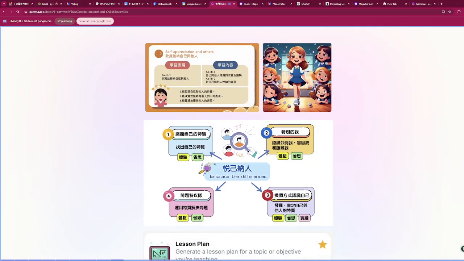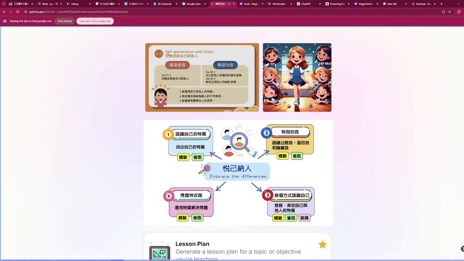So the ideas for AI: you could generate images, or generate activity ideas for your lesson.